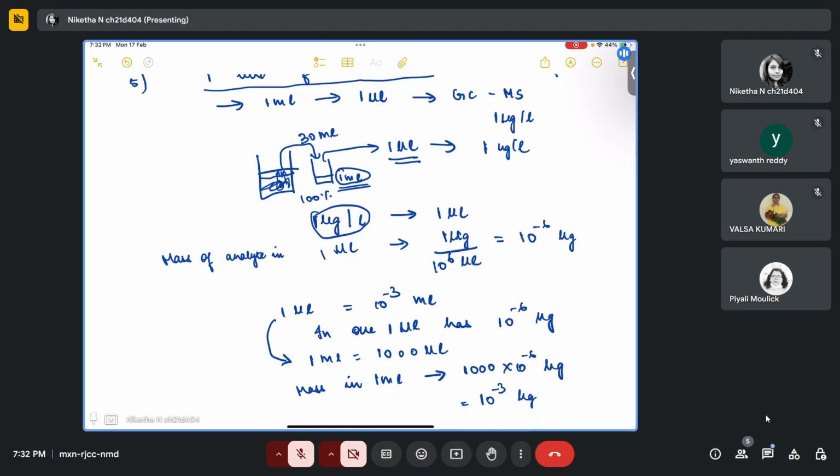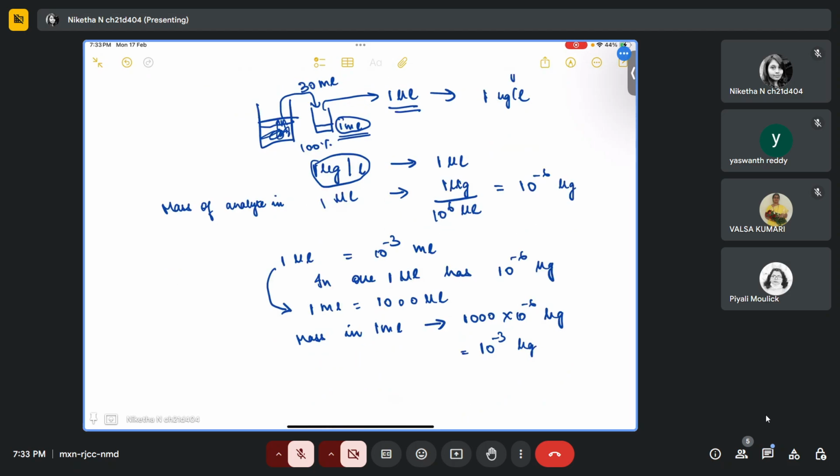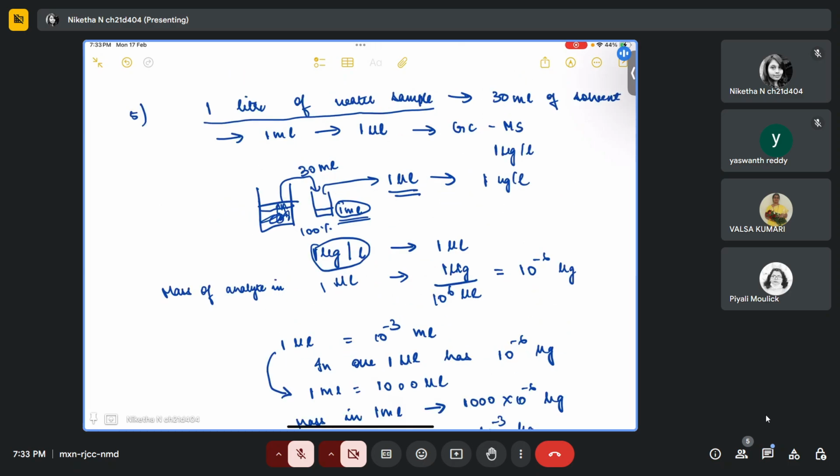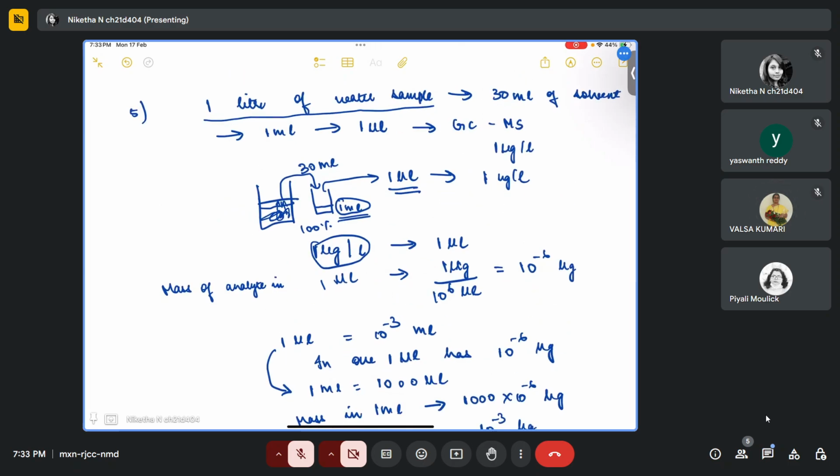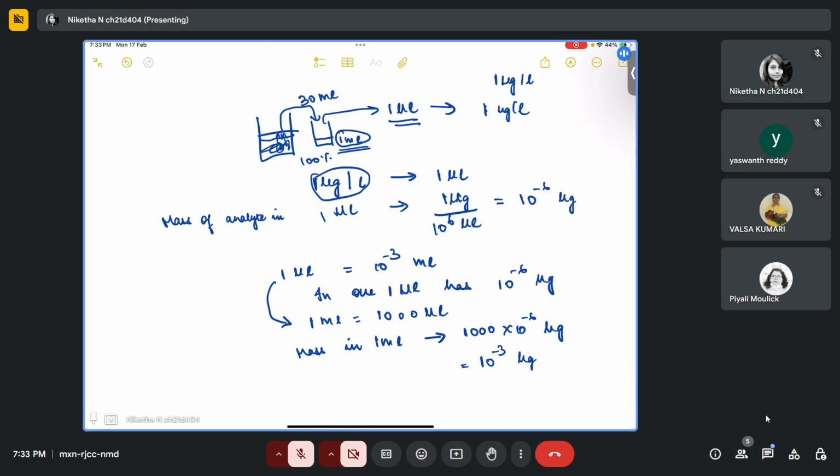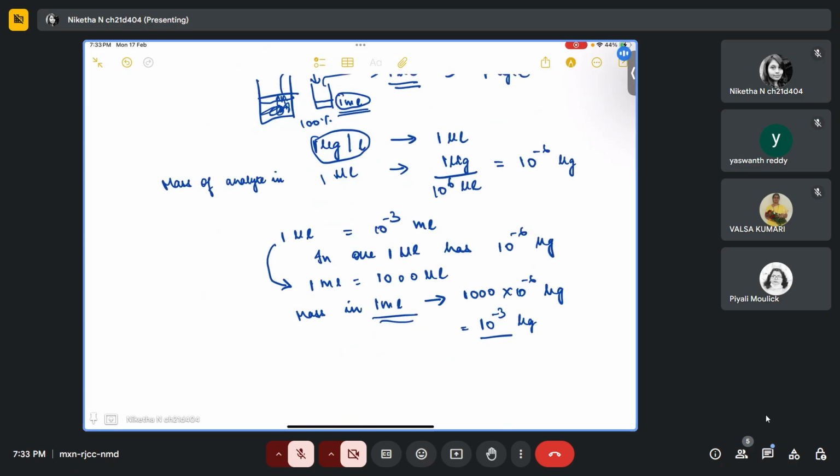So now we are determining how much mass is there in 1 ml. We have determined that using the concentration that we got from GCMS. We have just done some kind of back calculation to find out how much mass of the analyte is there in 1 ml volume. This is the final answer that we got: it is 10 power minus 3 micrograms.